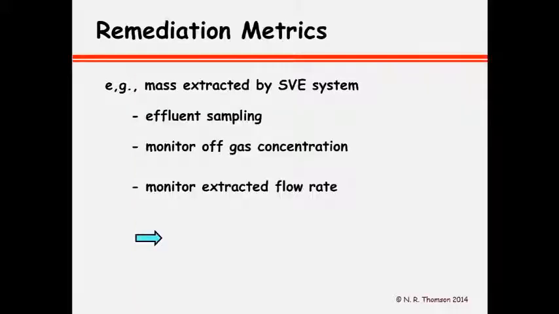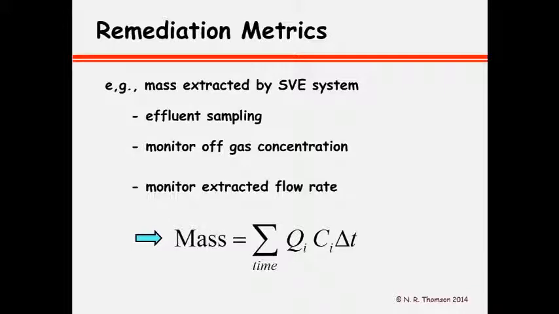One example of a remediation metric for a soil vacuum extraction system might be the mass extracted. And in that case, you would be able to sample the effluent, monitoring the off-gas concentration, relative to the extracted flow rate.